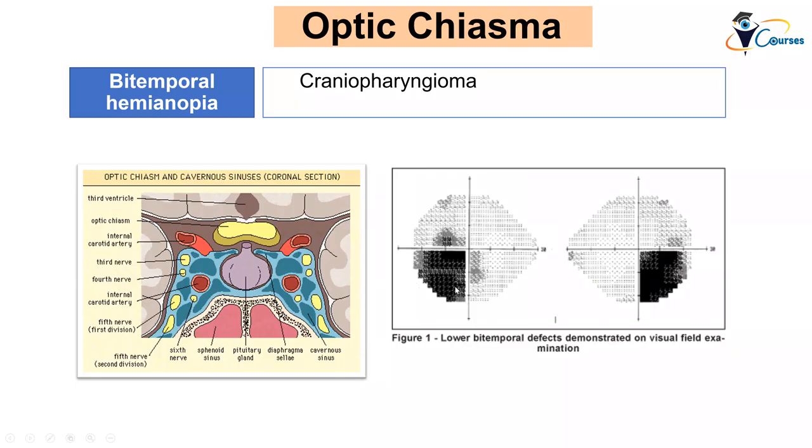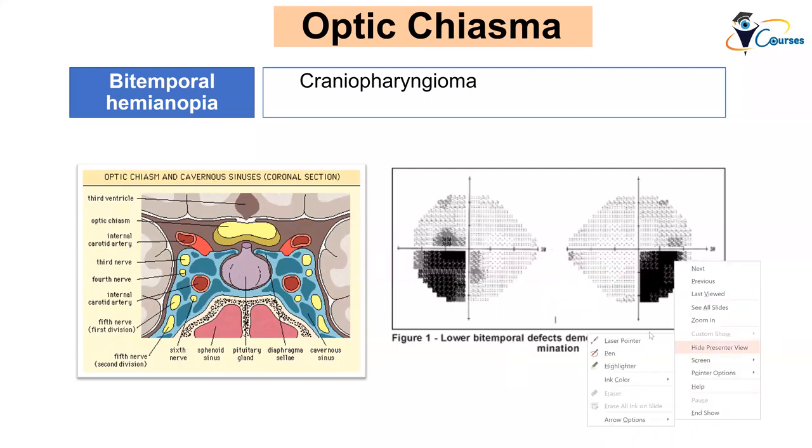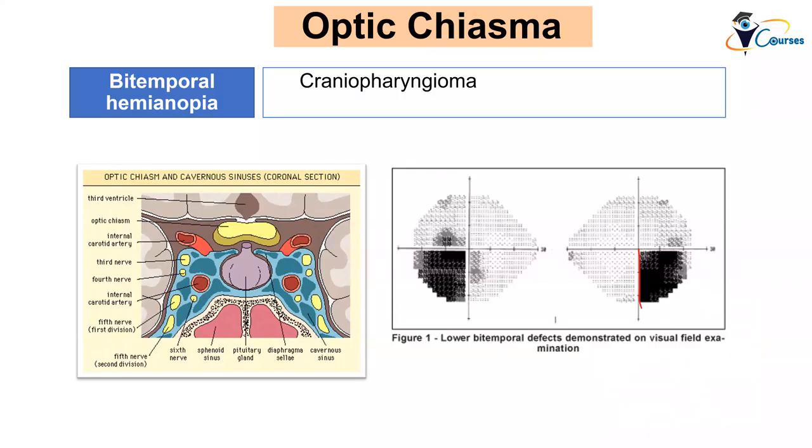So when you see this picture, don't just think that this is a quadrantanopia. If it is a quadrantanopia, or if there is involvement of the parietal or the temporal fibers, it will be contralateral homonymous. Like it will be present like this, here, and here.